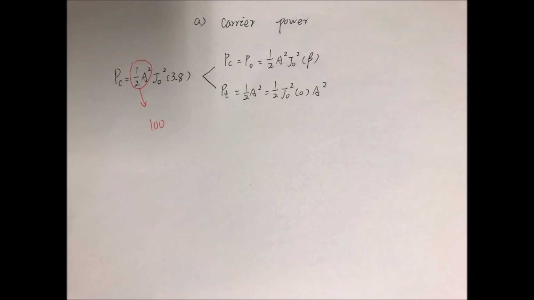This is PC, and PT is half A squared. Total is half A squared.